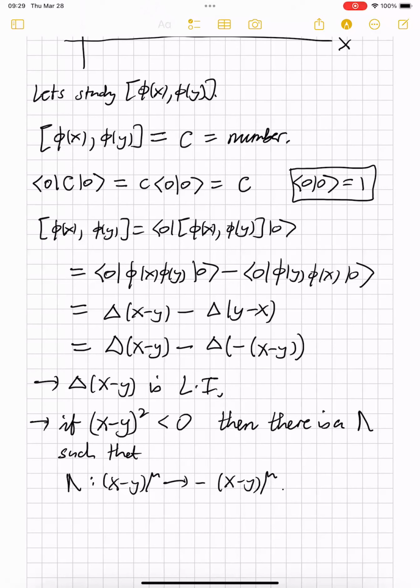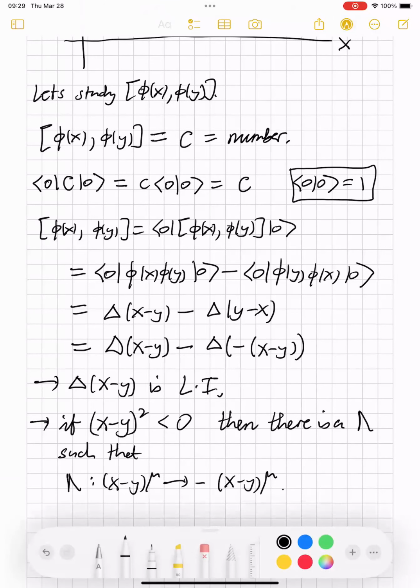And you even spoke about how to construct that Lorentz transformation. So this term over here is actually equal to 0.